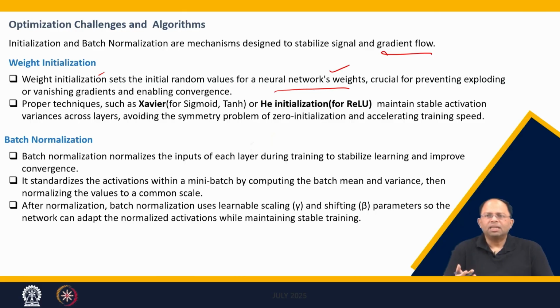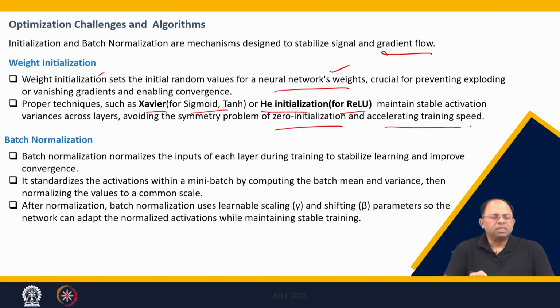Usually we initialize in a random way, but there are techniques we can use instead, such as Xavier for sigmoid and tanh, and He initialization for ReLU to maintain stable activation variances across layers, avoiding the symmetry problem of zero initialization and accelerating training speed.